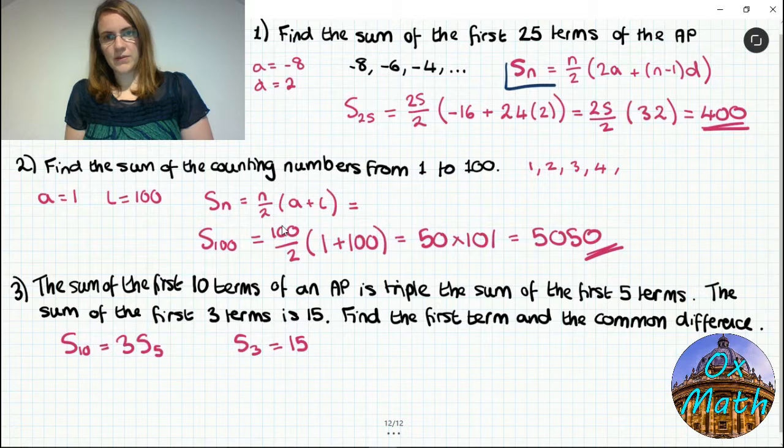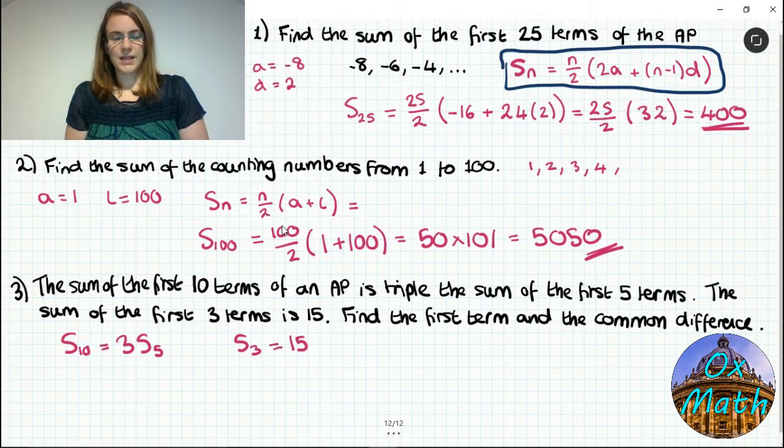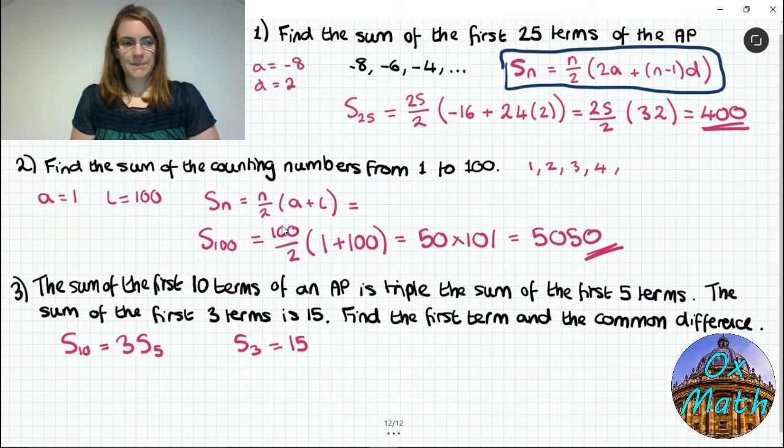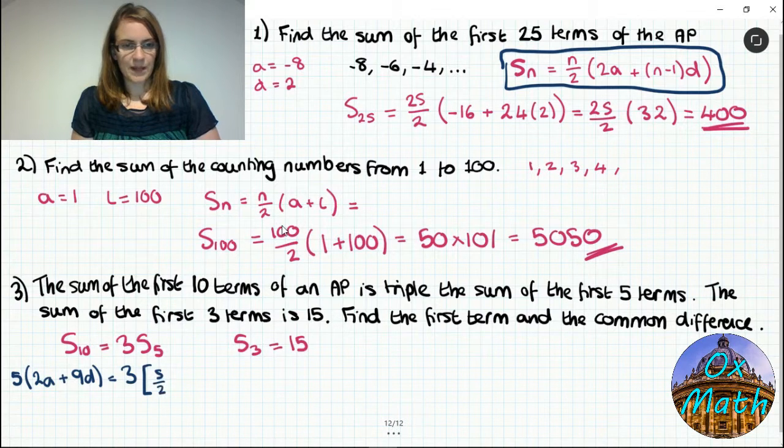Now I'm going to be using the formula in the second format again, which is the one up here, Sn equals n over 2 times (2a plus (n minus 1)d). So S10 is going to be equal to 10 over 2, which is 5, lots of 2a, we don't yet know a, plus (n minus 1), so 9 lots of d, and that is going to be equal to 3 times S5, so 3 lots of 5 over 2, n over 2, lots of 2a plus 4d.